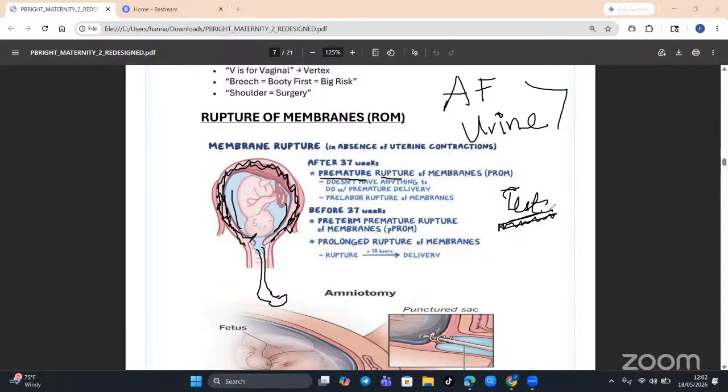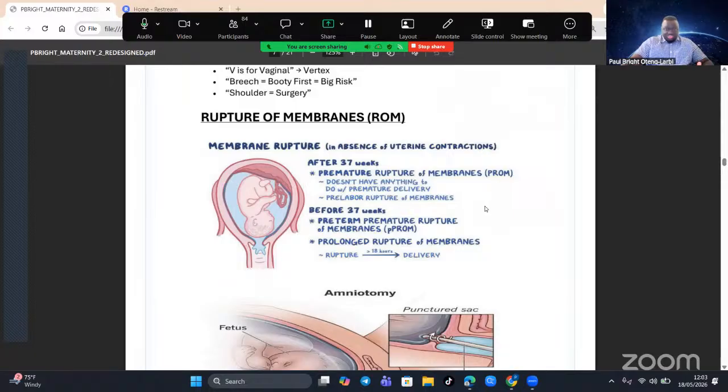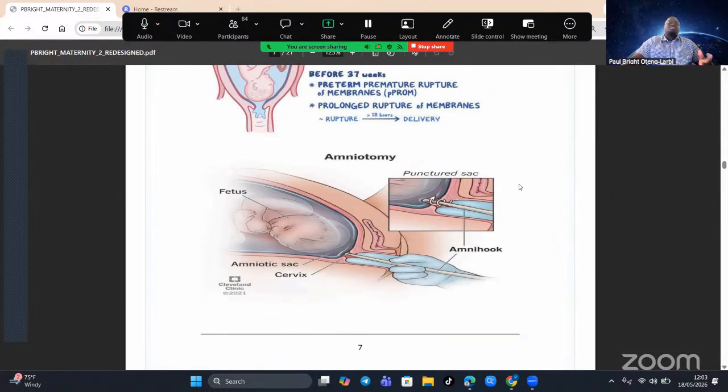You do the pH test. It's like a litmus paper test. When it changes color, you know that this one is urine and this one is amniotic fluid. All these changes are there for you to know. Otherwise, you go and give somebody medication that you are not supposed to give.